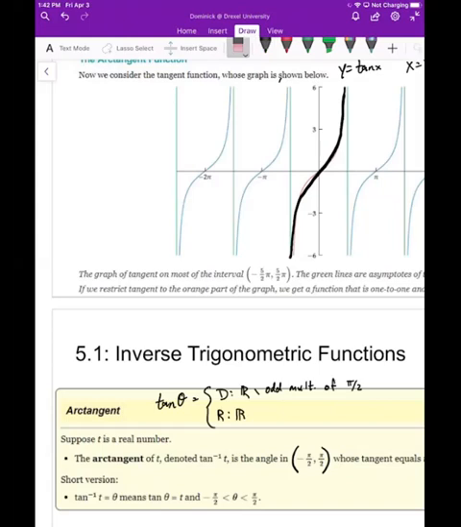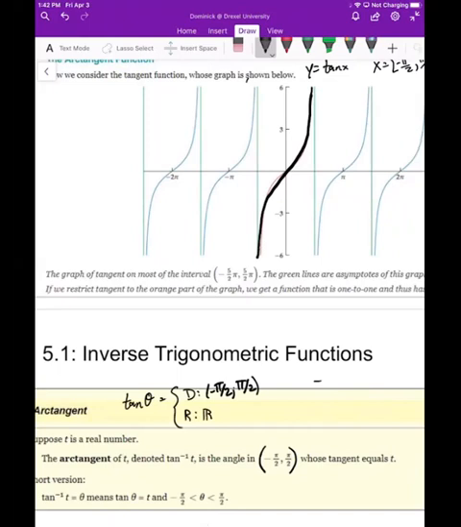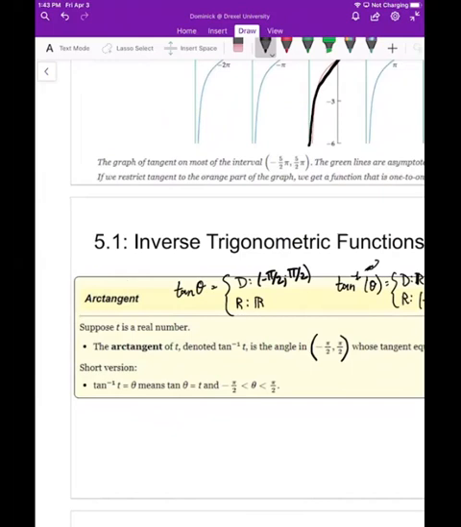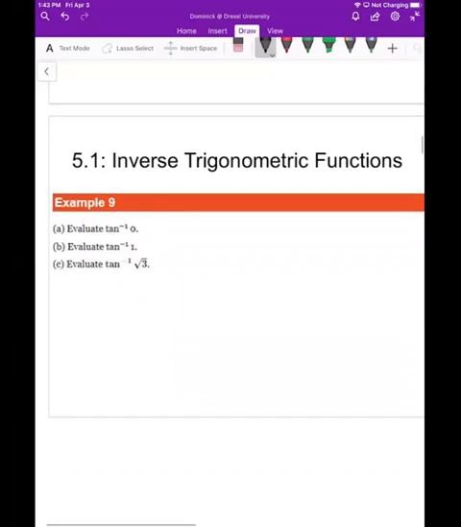On this restriction, we're letting our domain just be negative pi over 2 to pi over 2, non-inclusive. So your arctangent will have a domain of all real numbers and a range of negative pi over 2 to pi over 2, non-inclusive. Just keep in mind that the arctangent is a slightly different sort of analysis than for the arcsine and arccosine.